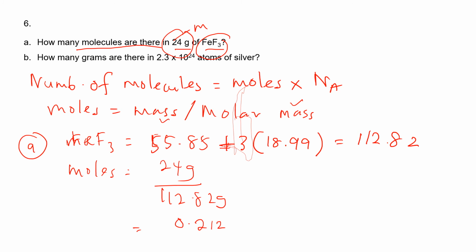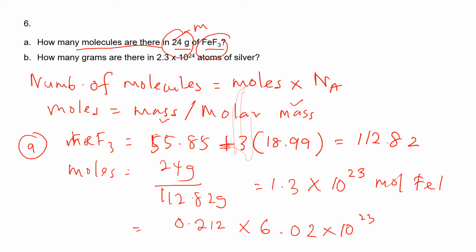Okay, once you get the moles, you can find molecules. So you times moles with Avogadro's number 6.02 times 10 to the power of 23. So meaning that the number of molecules of FeF3 is 1.3 times 10 to the power of 23.